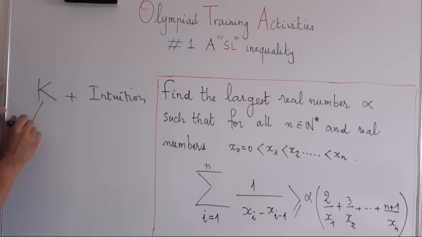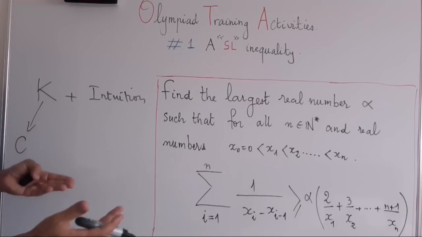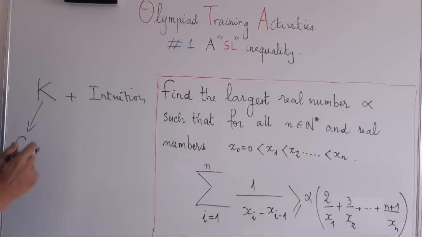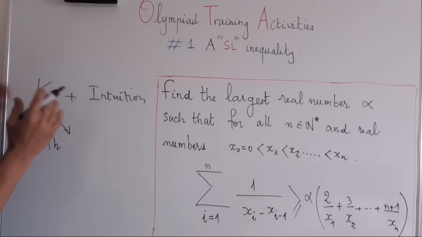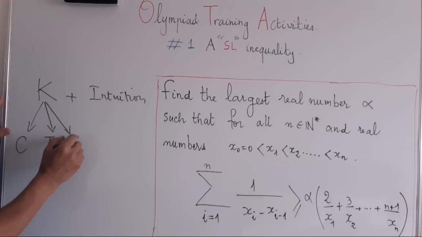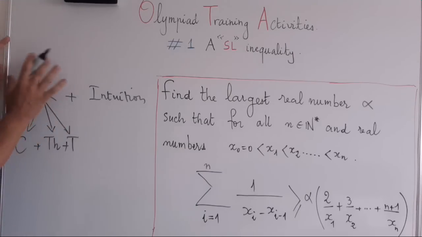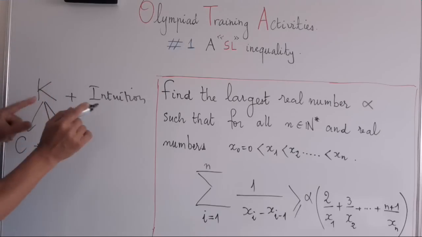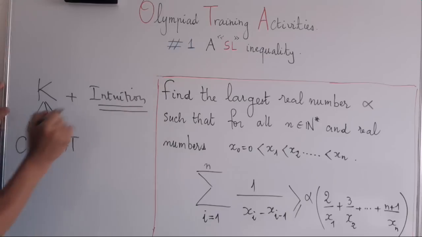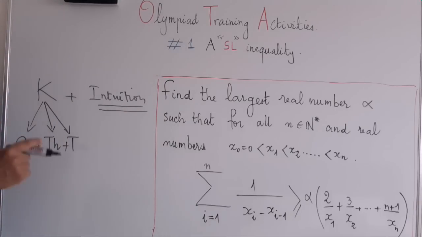By knowledge, there are some concepts, which might be geometrical, algebraic, combinatorial, or number theoretic, and there are related theorems, and a set of techniques for solving those problems. By combining those tools, using a good part of intuition, one can find an elegant and short solution.